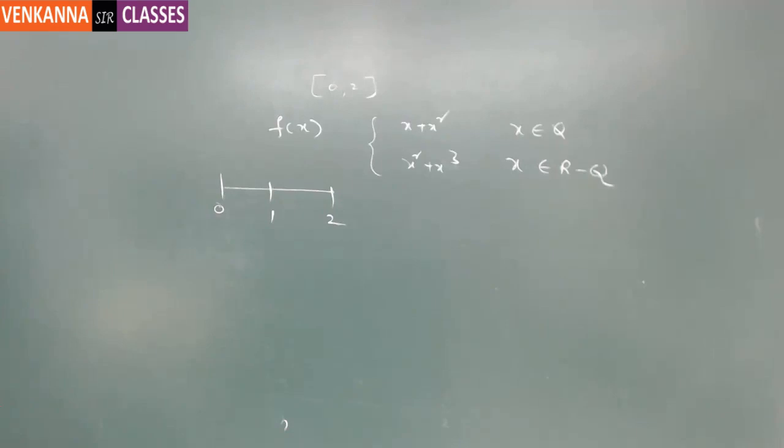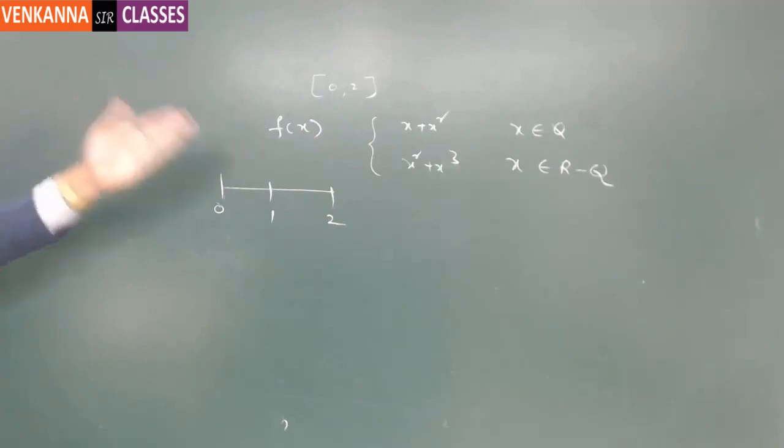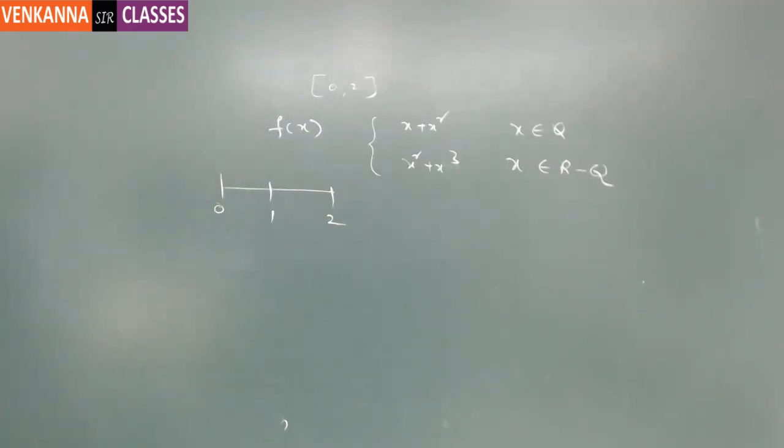Why am I bothering about this? Because if you want to calculate UPF or the upper integral, or LPF or the lower integral, you should know which function gives UPF and which gives LPF, isn't it? You should know the infimum and supremum for the interval. Yes or no? Because for every interval we are discussing small m and capital M, which are the infimum and supremum of the function over the subinterval.